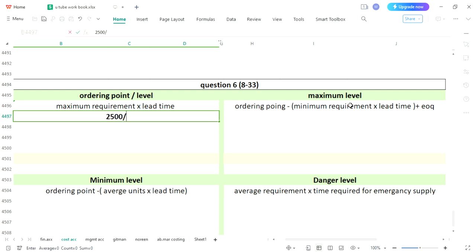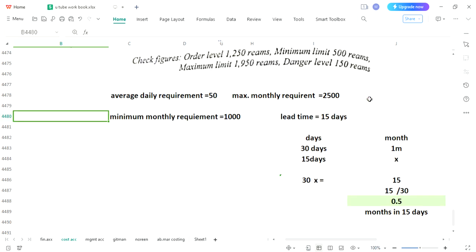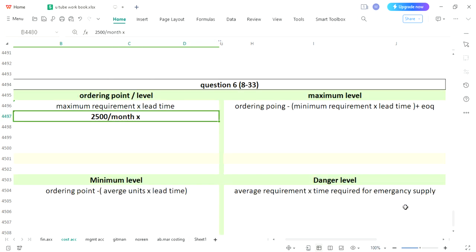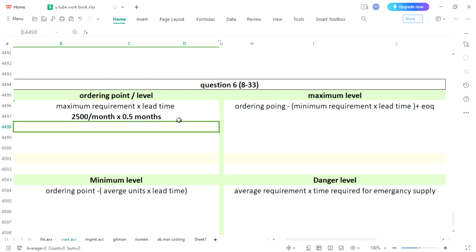It is 2500 per month, and you need to multiply it with lead time. Lead time we have also converted and calculated: 0.5 months. Okay, so our statement has been completed.